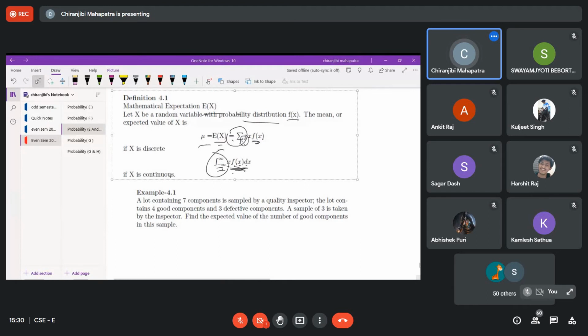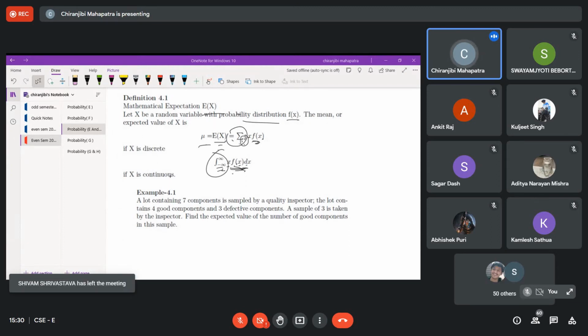Try to solve this one. So first define the x, then what was the fx, then accordingly you can find out the expectation of x. Okay, I think पहले x और probability मतलब कि जो distribution function है वो find out कर लो.